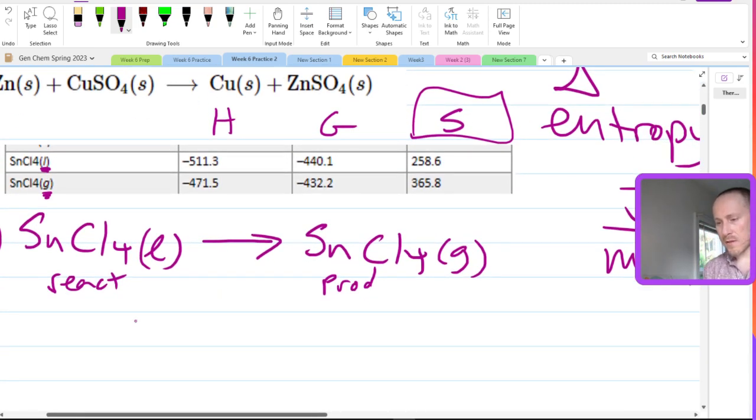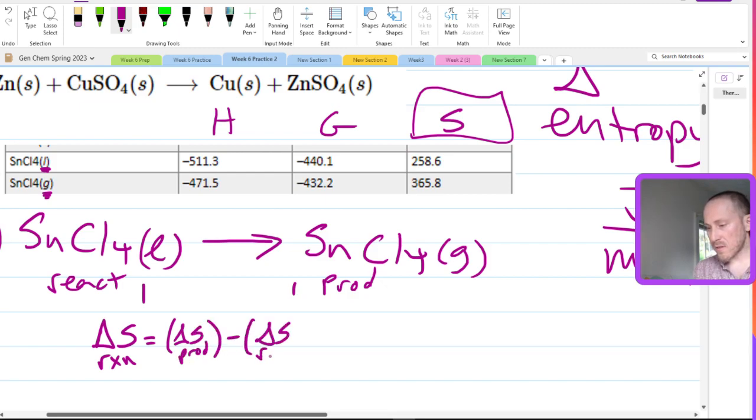And that means to solve for the delta S of this reaction, this one's pretty simple because there's one thing on this side and there's one thing on this side. So we don't have to sum anything or think about stoichiometry at all. All we have to do is the delta S of the product minus the delta S of the reactant.